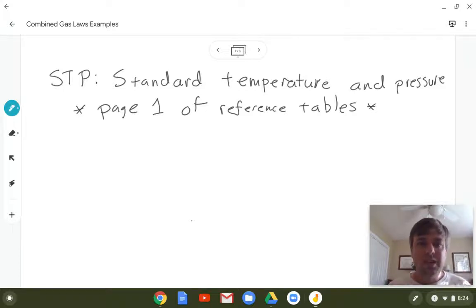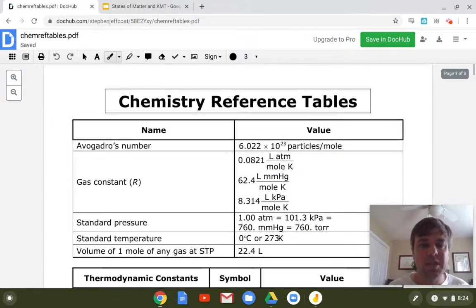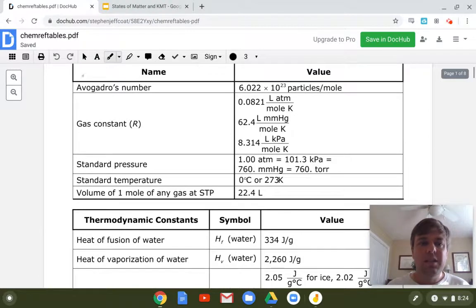You can find what those conditions are by going to page 1 of your reference tables. In the first box, you'll see that standard pressure is 1 atmosphere or 101.3 kilopascals or 760 millimeters of mercury or 760 torr. And standard temperature is 0 degrees Celsius or 273 kelvins.